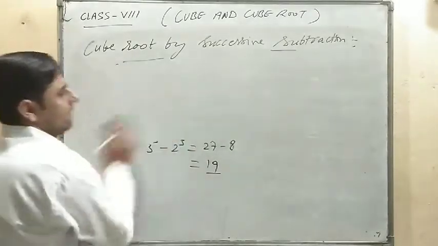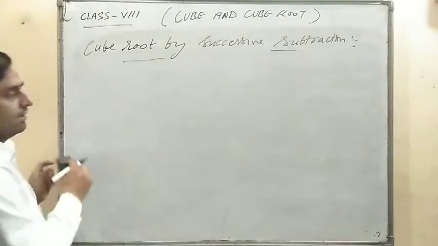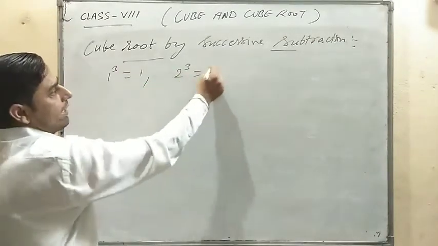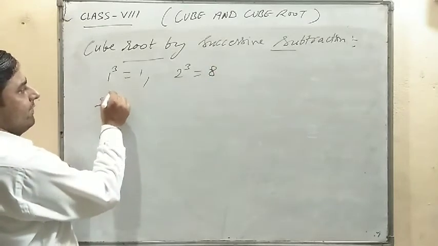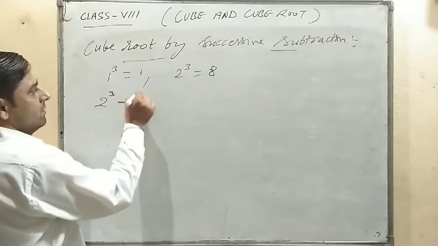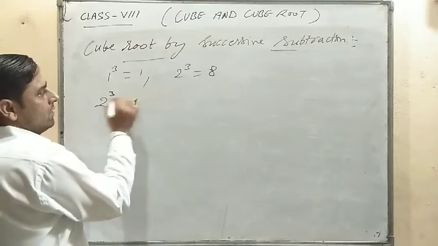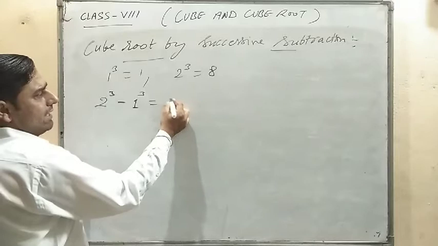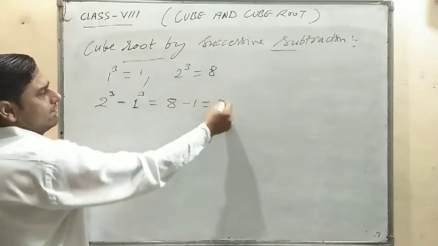So I am telling you in sequence. First, 1 cube is 1, 2 cube is 8, so we make the difference: 2 cube minus 1 cube, we get 7.